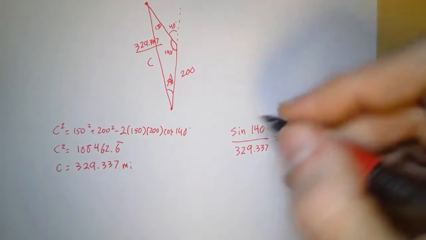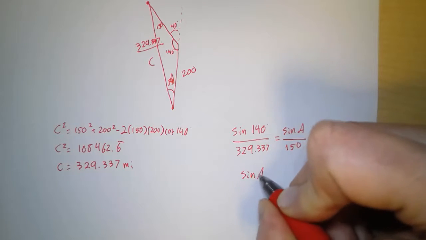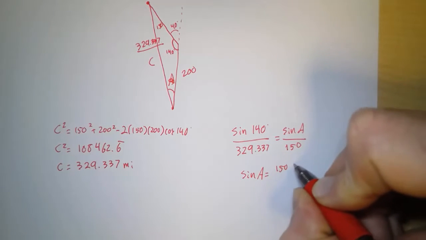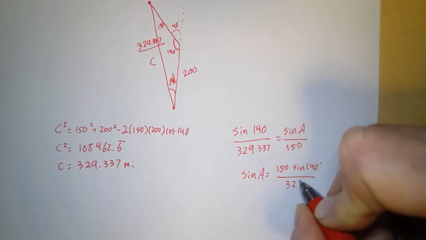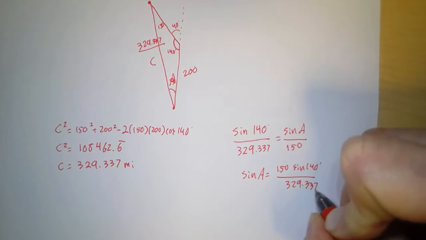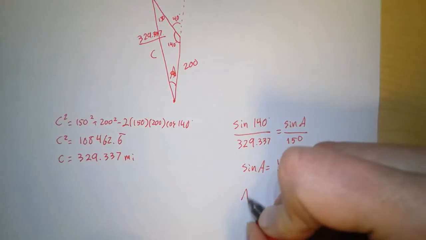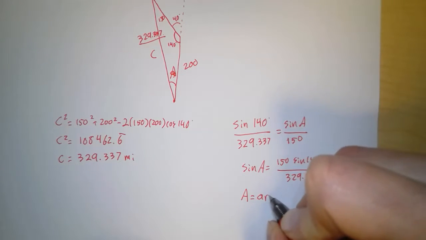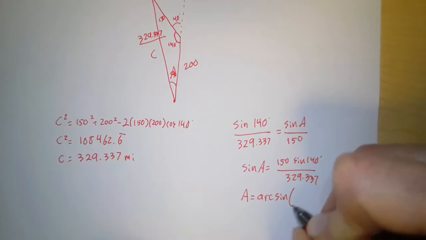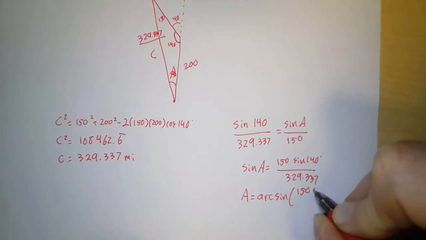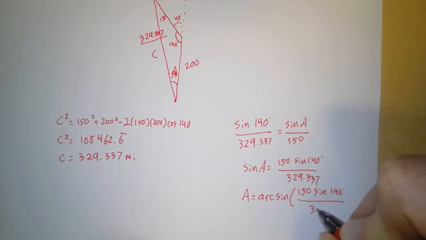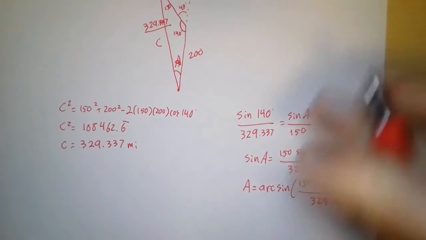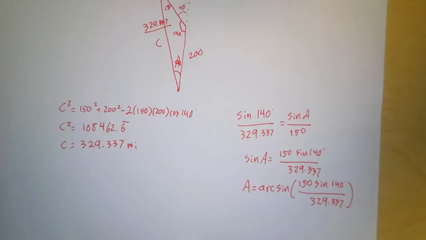So when we cross multiply and divide, we get sine of A equal to 150 times sine of 140 degrees over 329.337. And so angle A is going to equal arc sine of 150 sine 140 degrees all over 329.337. And so we'll type that into our calculator.